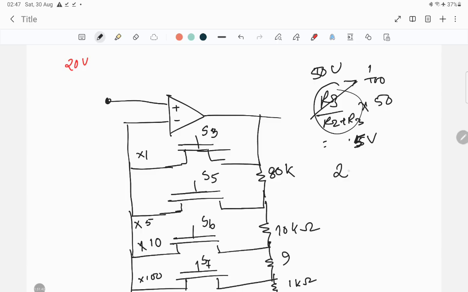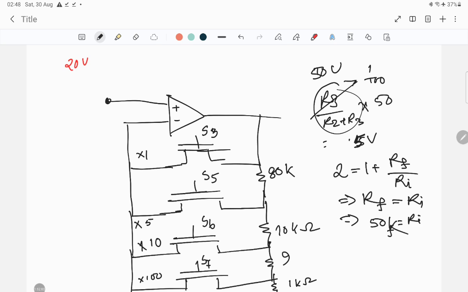So 2 is equal to 1 plus Rf by Ri. So it will definitely be Rf equal to Ri. So Rf and Ri both should be 50 kilo ohms.